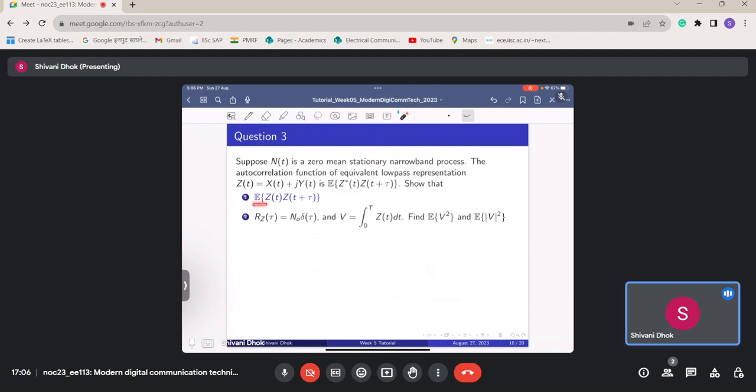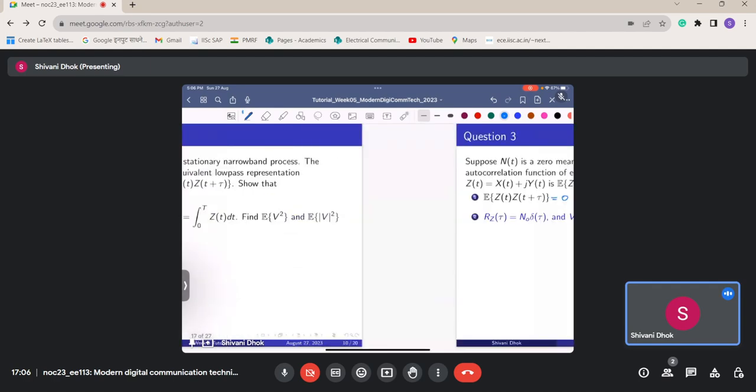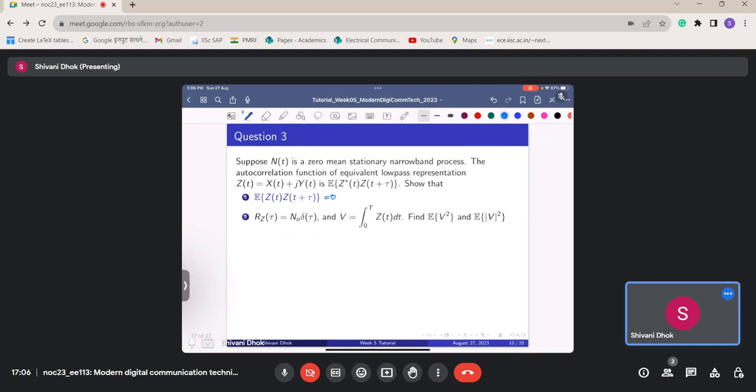We need to show that this expectation z(t) into z(t plus tau) is equal to 0, and after that we need to find the value of these expectations which are mentioned here.